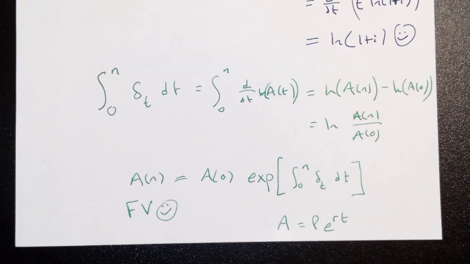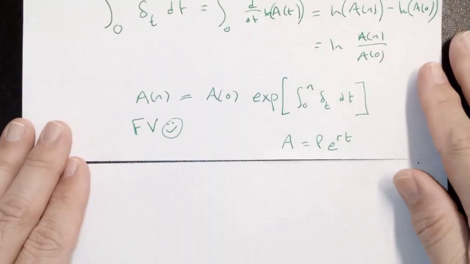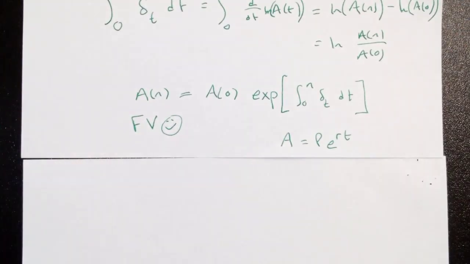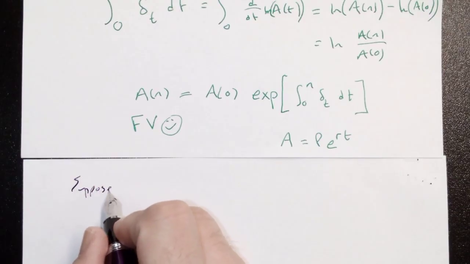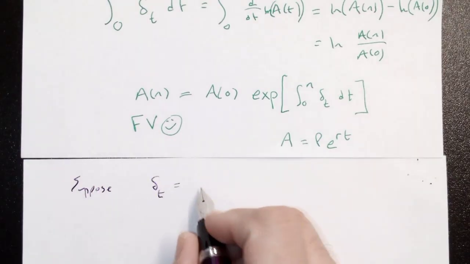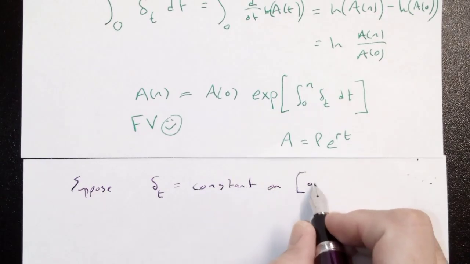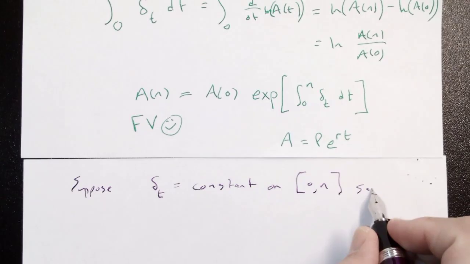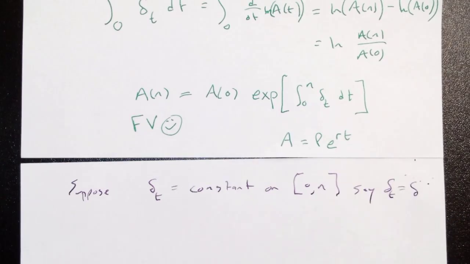As a matter of fact, let's expound on this a little further and think about what happens if our force is just a constant. So let's just use delta without the t on it.